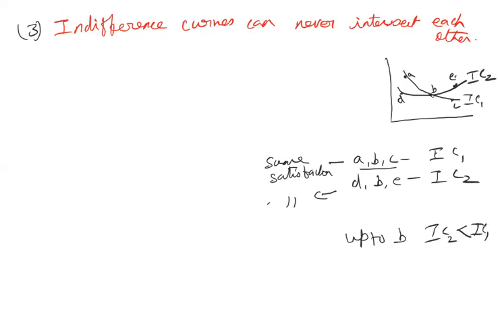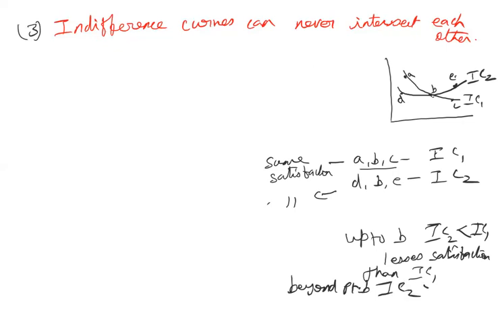So up to B, IC2 is giving lesser satisfaction than IC1. Beyond point B, IC2 is giving greater satisfaction than IC1. This is observed, isn't it? All the points should give the same level of satisfaction. So up to a certain level it is giving lesser satisfaction, beyond a certain level it is giving a higher satisfaction. That's why indifference curves should never intersect each other.